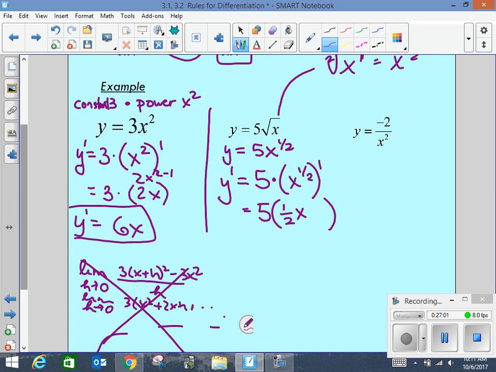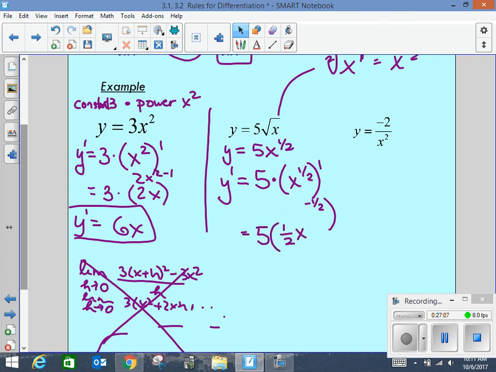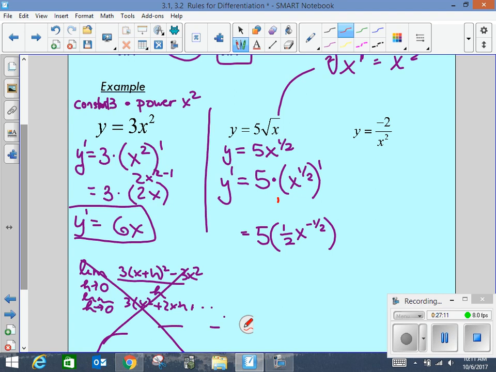Which is? Very good. You don't need to do the math as in 1/2 x to the 1/2 minus 1, which is where she got the negative 1/2.